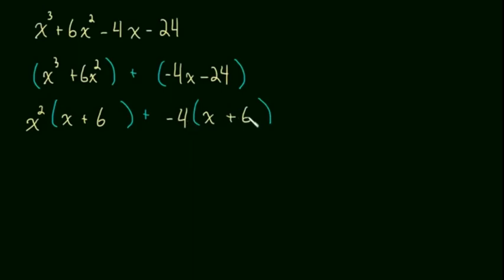Because negative 4 times positive 6 becomes that negative 24. And now we have an x plus 6 multiplying both terms. So we can just factor that out. So this becomes x squared minus 4 times x plus 6.